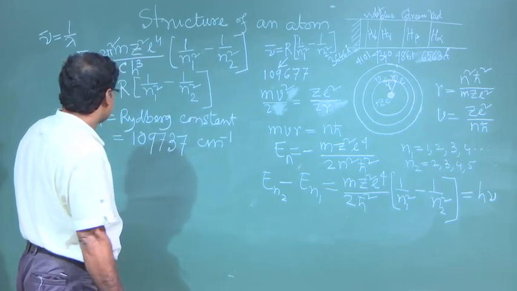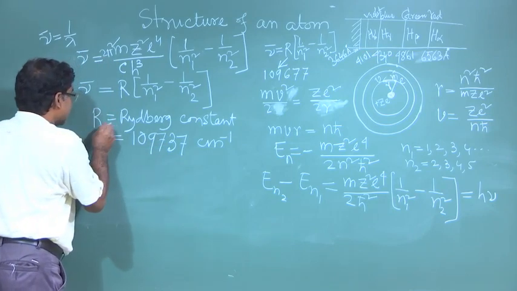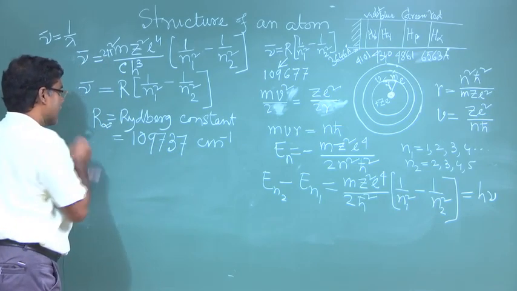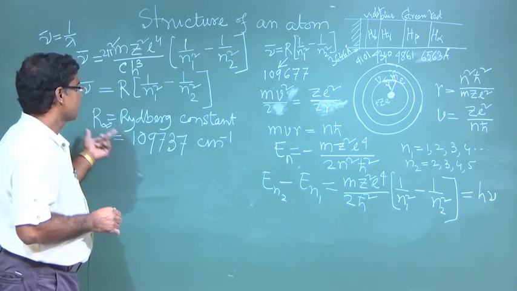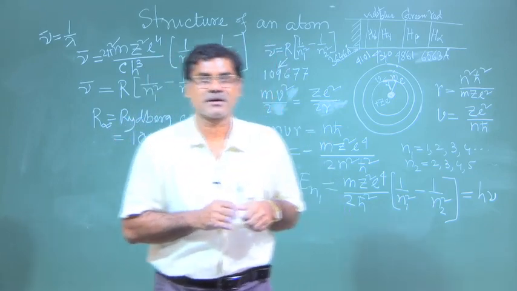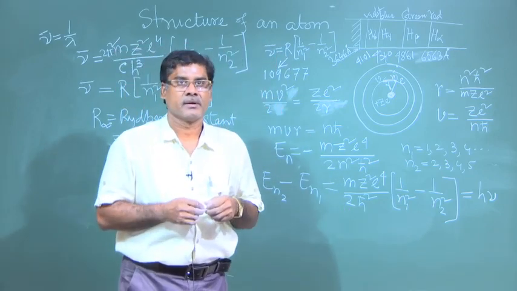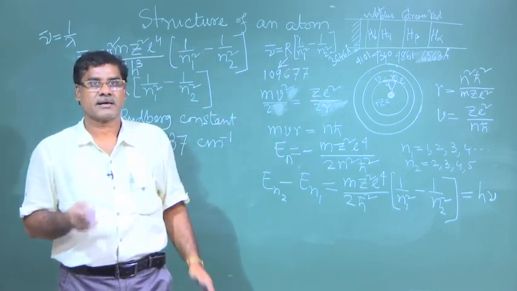So, that is why we write this R infinity. Why are we writing infinity? It started to be rethought why this discrepancy, why this difference is coming.